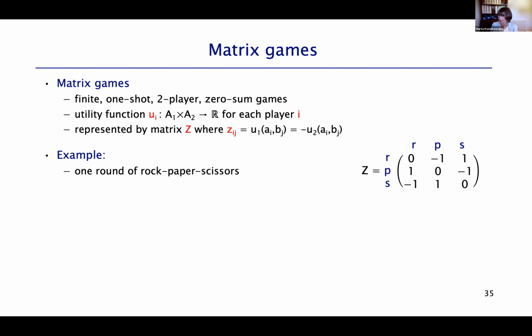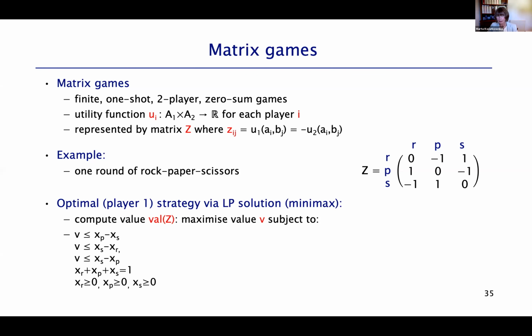So for each state, if I want to consider an iterated game, I have to be able to solve the matrix game, and I need to be able to iterate it over the computations. But of course, there are also standard ways, and there's the minimax theorem, which allows me to come up with an LP solution, which for concurrent and concurrent stochastic games in general will allow me to compute the optimal value, which in this case will maximize the value subject to the standard equations.